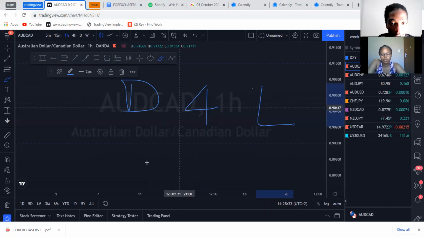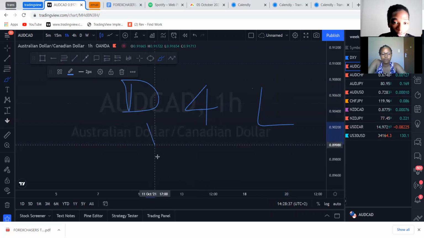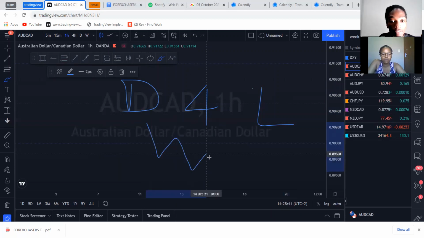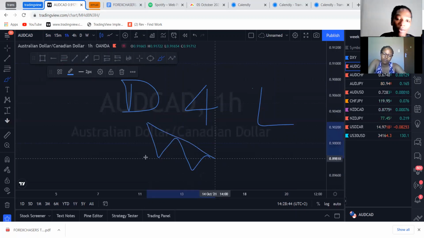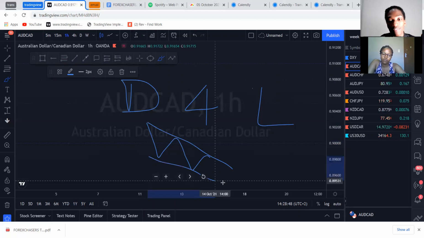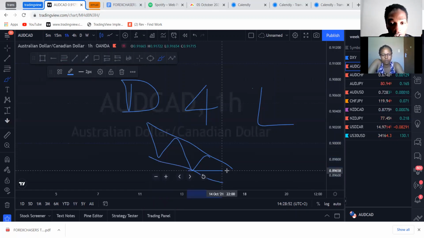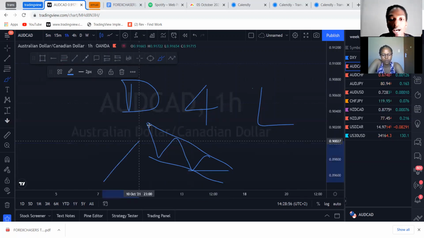So let's say we have a descending structure now on the 4 hour, which is the time frame where we're looking for trading opportunities, where we want to sell from or where we want to buy. We've observed this descending structure, and maybe momentum is probably to the upside. Let's just say we're looking to buy.